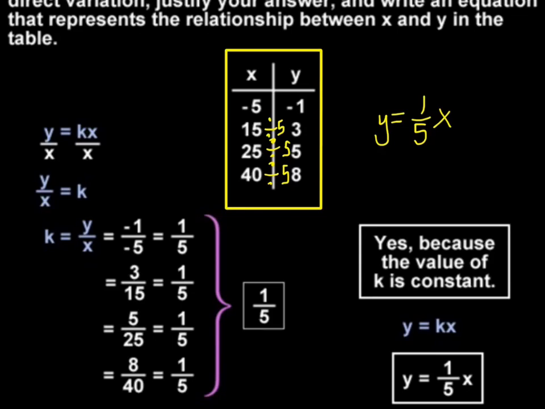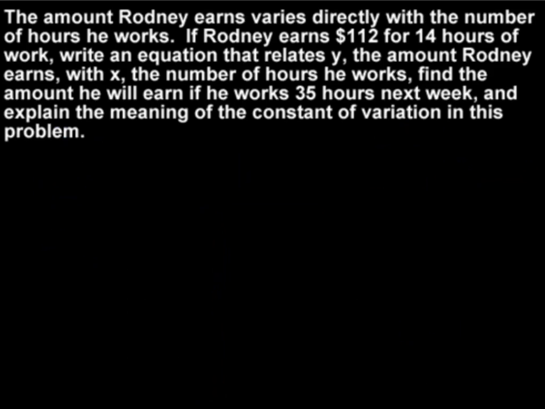And that means it's yes, proportional. Direct variation. We'll call it proportional. So, that's how you can tell. We want to look at this. I'm going to pause here and actually we'll look at this after.